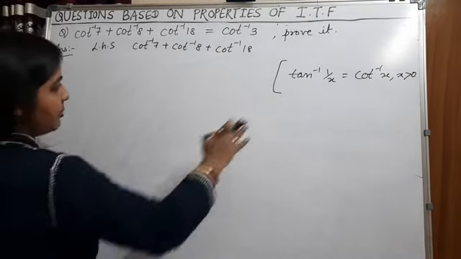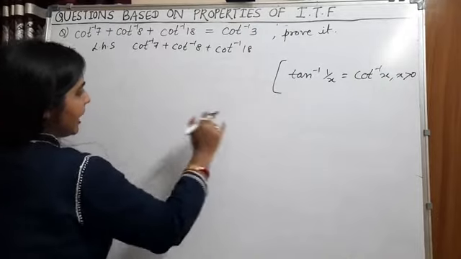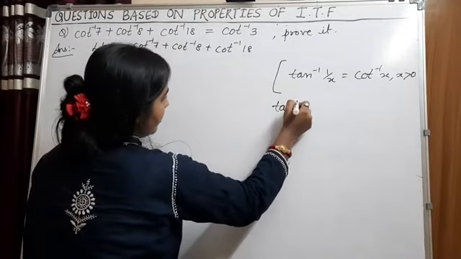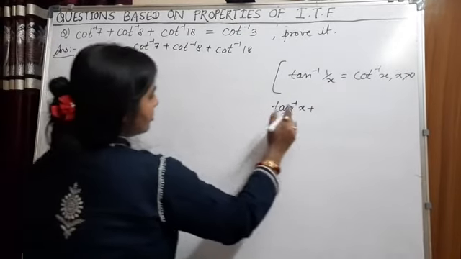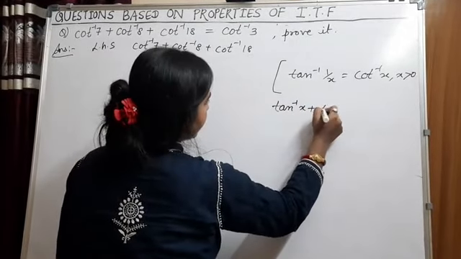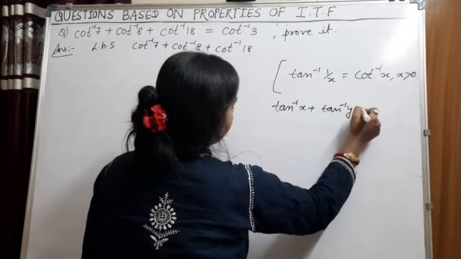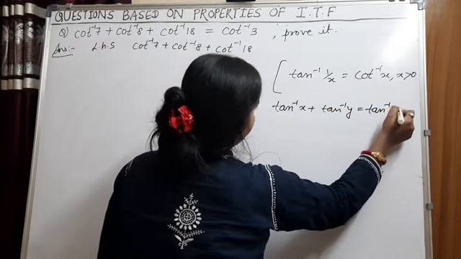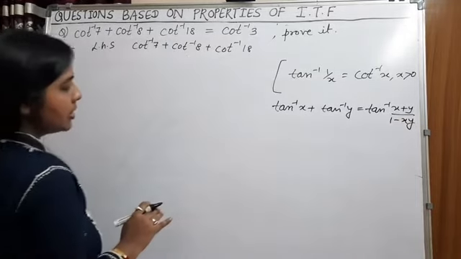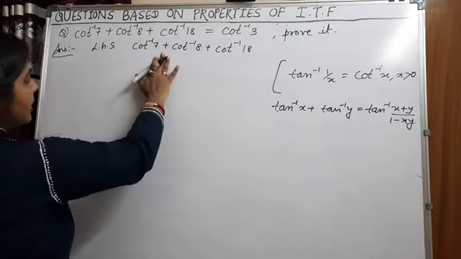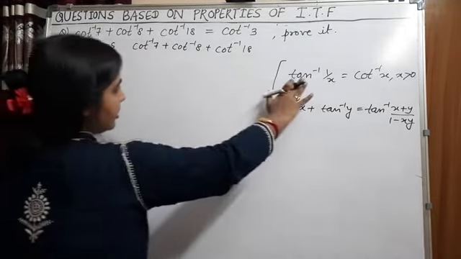Why are we using this property? Because we have a formula for tan, meaning if we convert this cot into tan, we will have the formula for tan inverse x plus tan inverse y. So we can use this formula here. By using it, we are first converting cot into tan.